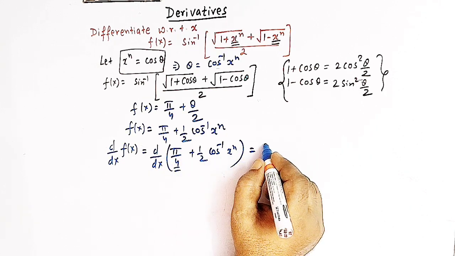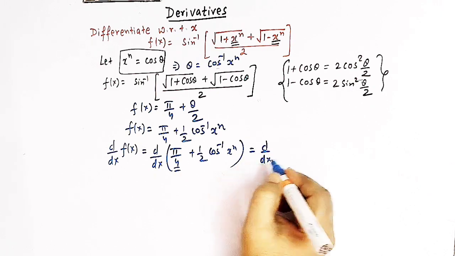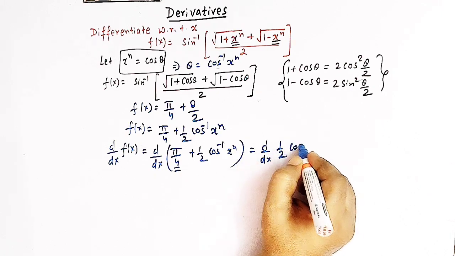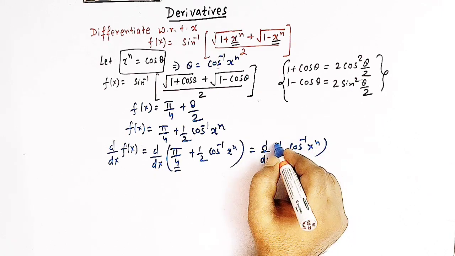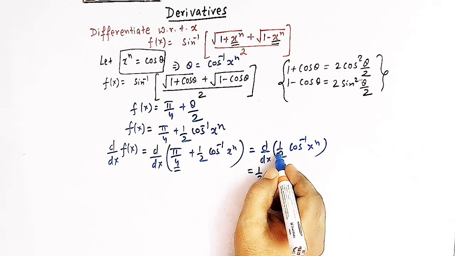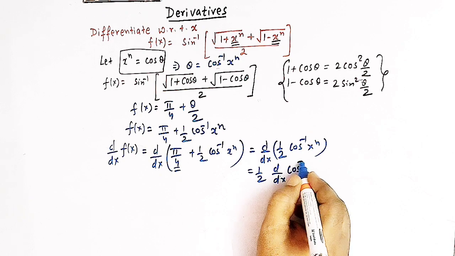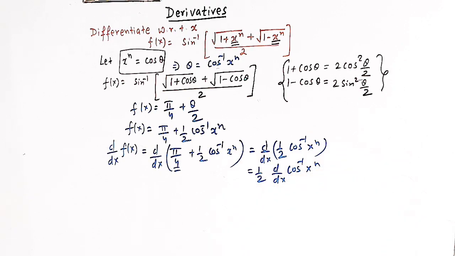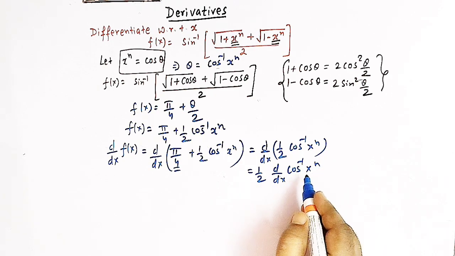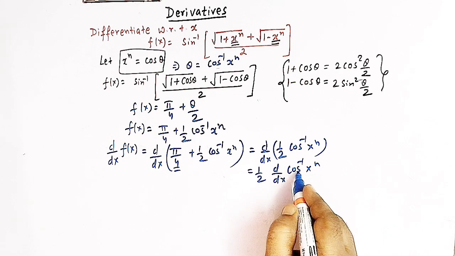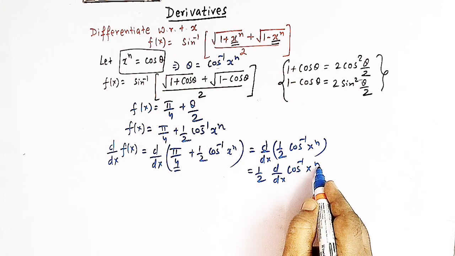So we simply have d by dx of half cos inverse x raised to n. Taking half outside this operator, we have d by dx of cos inverse x raised to n. Now we have to find the derivative of cosine inverse x raised to n.